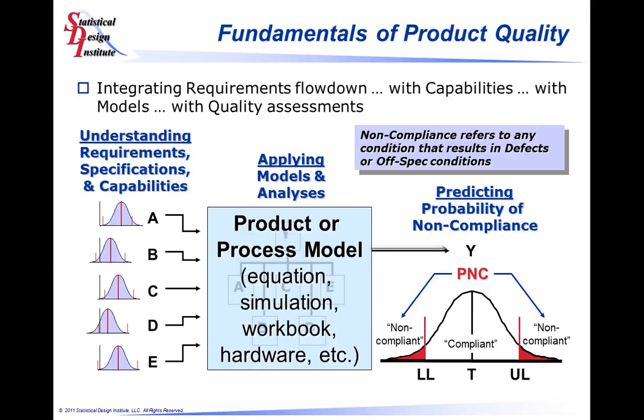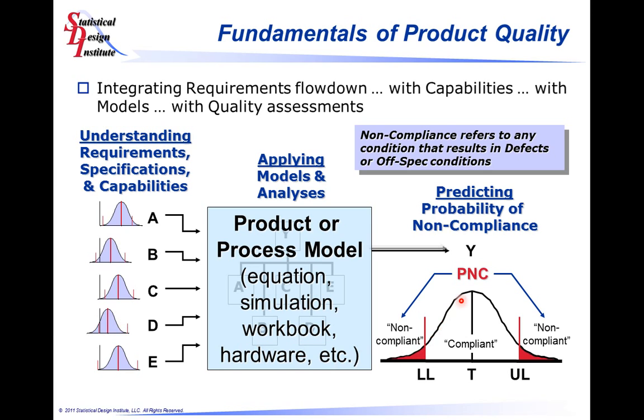Now, the value that this will provide to your analysis activities is that not only are we interested in predicting the nominal or maybe the target response due to the nominal values of each one of our X parameters, but we're also interested in understanding what is the variation of the response, which is going to be due to the translation of these X's by the model or the equations as influenced by the variation of each one of these X parameters.